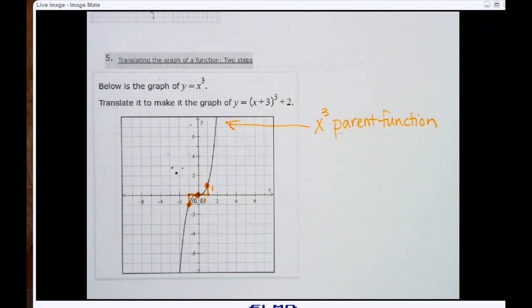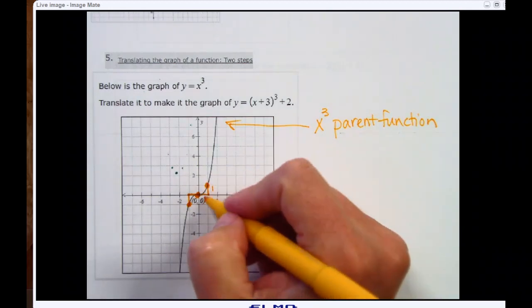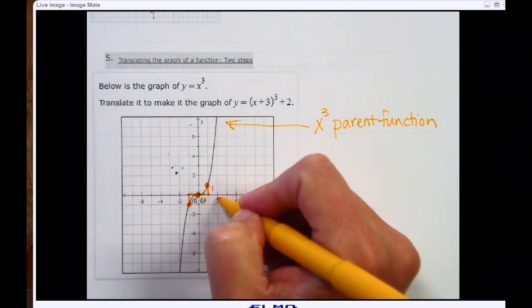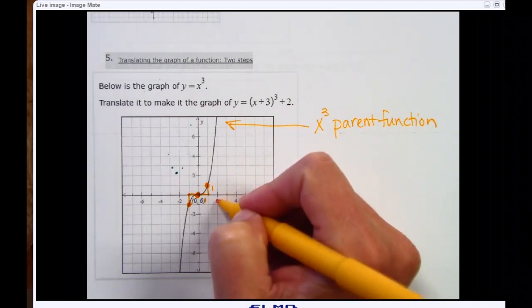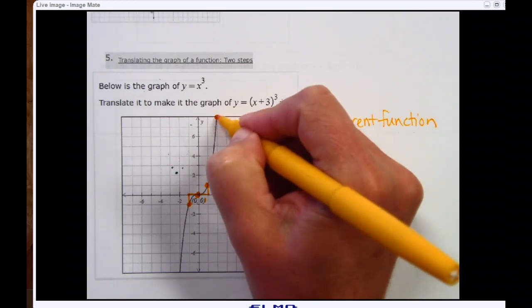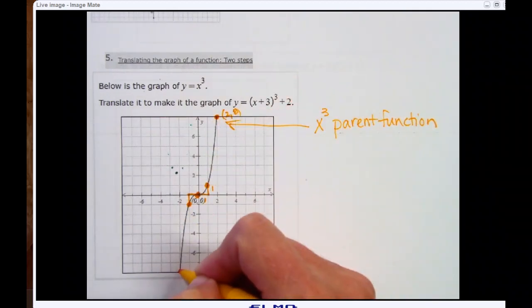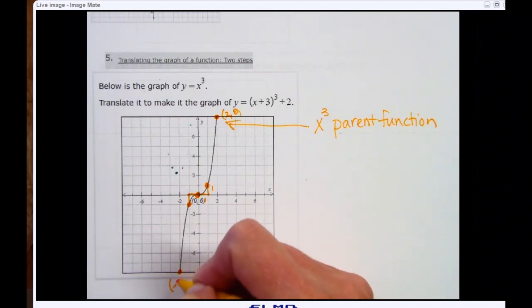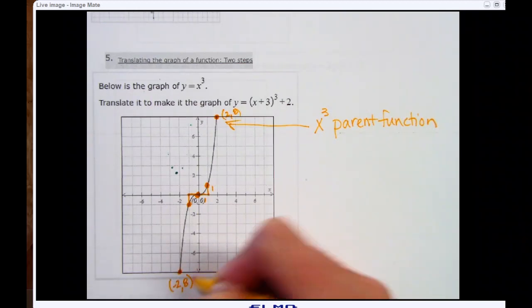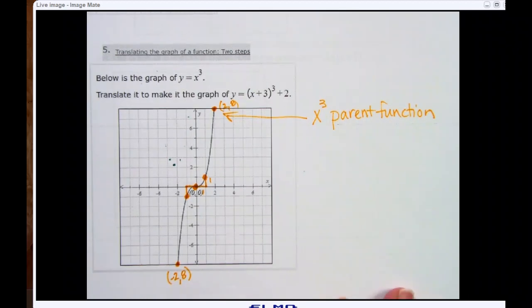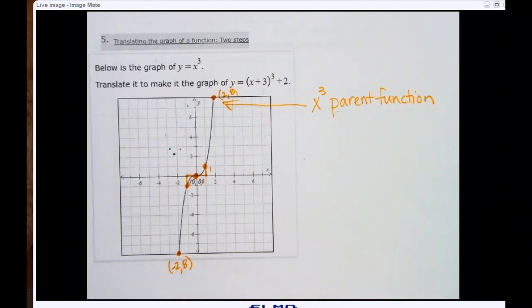And then your next number, if I'm to square 2, what is it? Not squared, cube. If I'm to cube 2, what is it? 8. So that's your next point up here. So there's our 2, 8. And then down here is our negative 2, 8. Those are your parent function points, because chances are you might get one of those you need to graph.